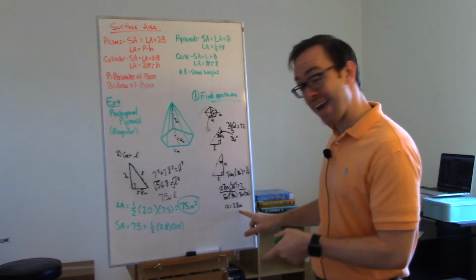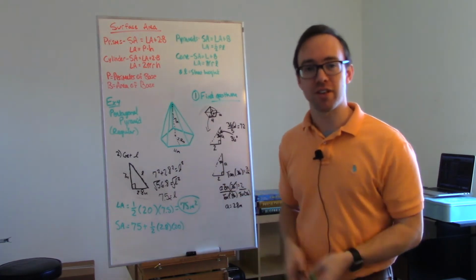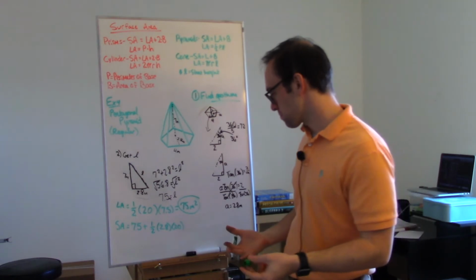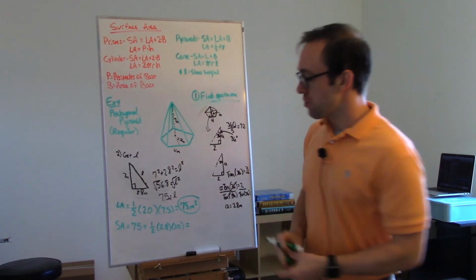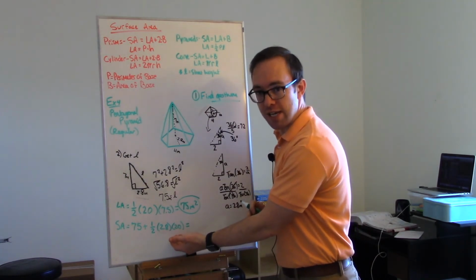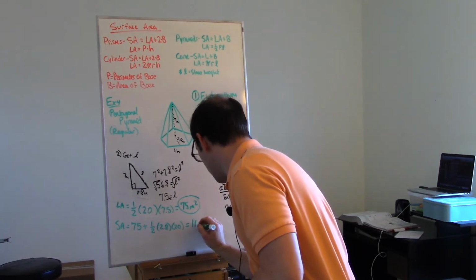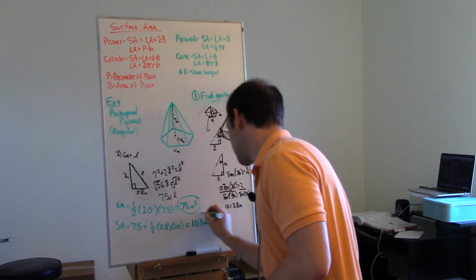So 1/2 A times the perimeter of 20 that we just found in the last part. So 1/2 times 2.8 times 20 is 28, and then add 75 to that, and you get 103 meters squared.